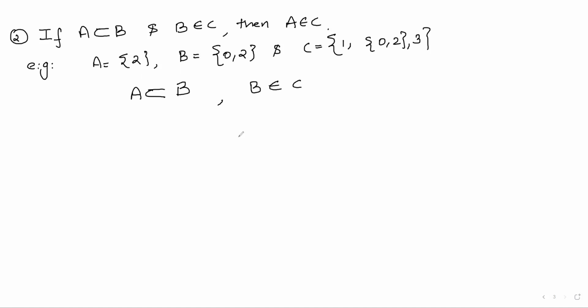Yes, sir. Now, can we say that A belongs to C? This is true or false? False. Very good. A does not belong to C. Please note down this, then we will start the third one.